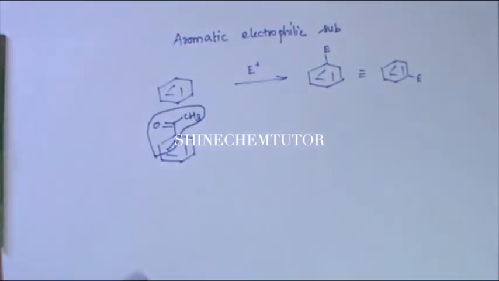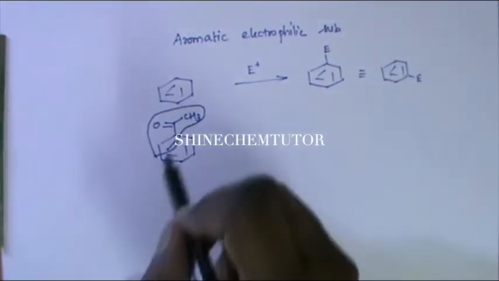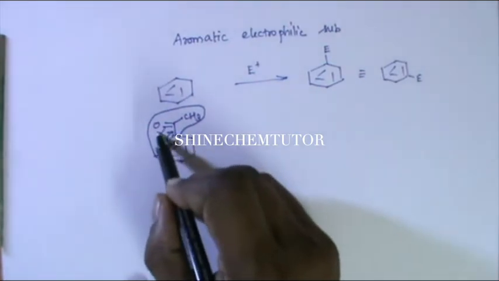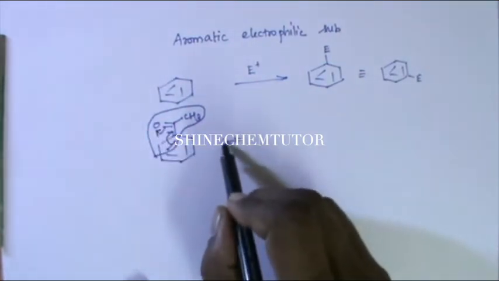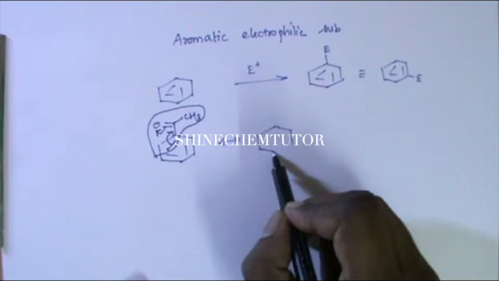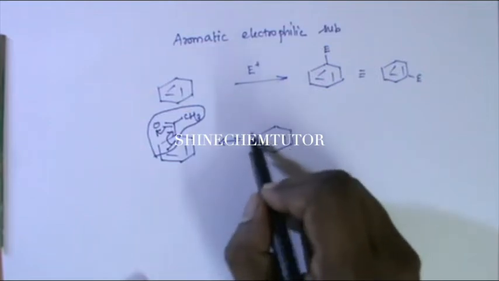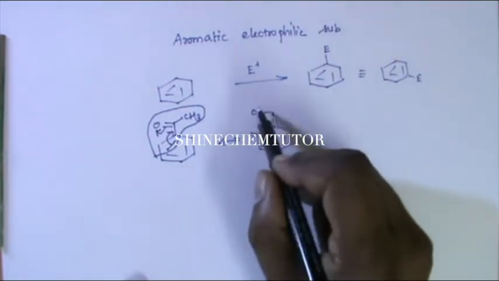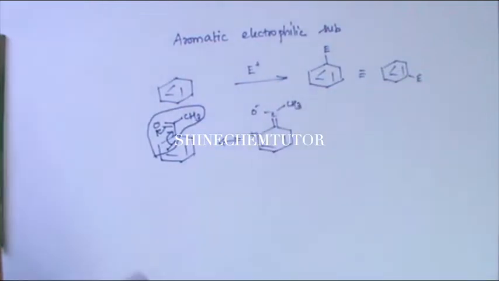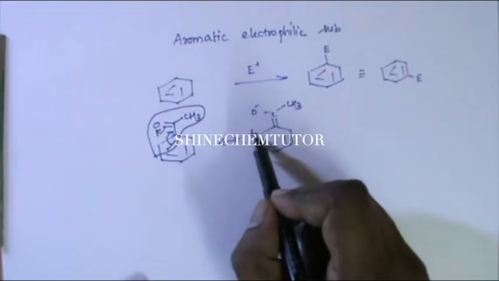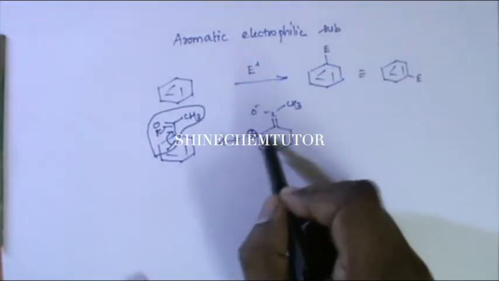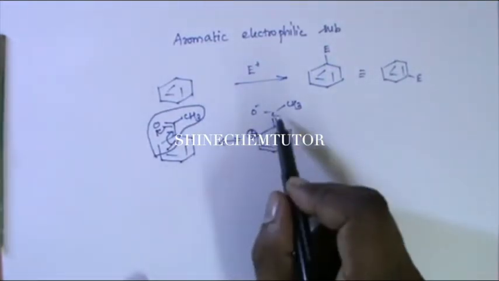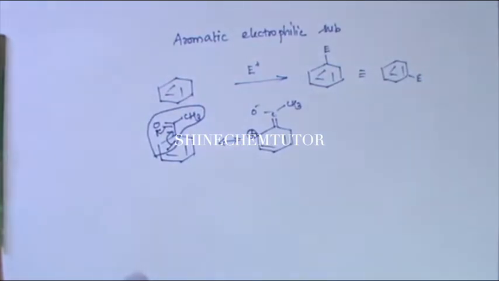alpha beta unsaturated ketone. So this bond can be involved in resonance. So what we get is this intermediate. Now we can find positive charge on this carbon, that is ortho carbon to this carbonyl group.